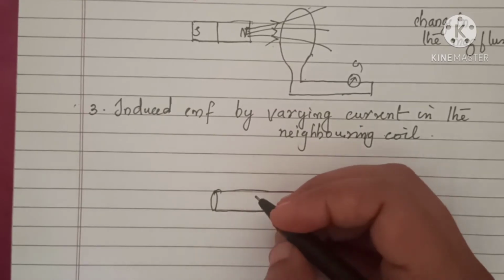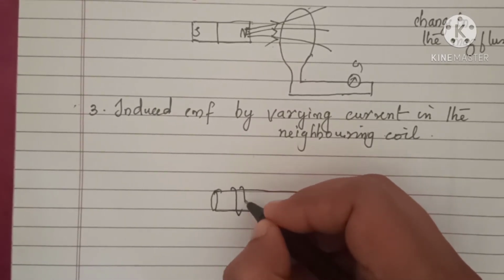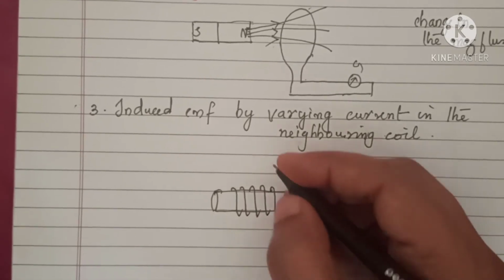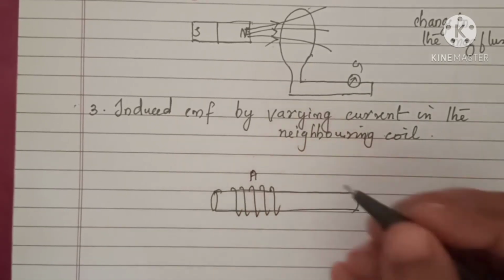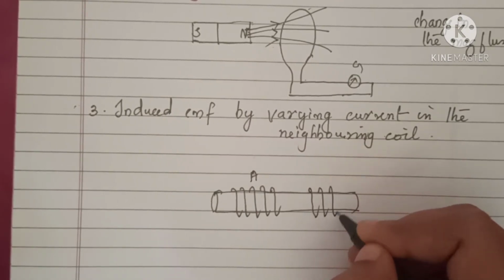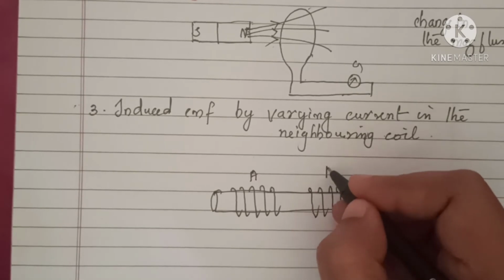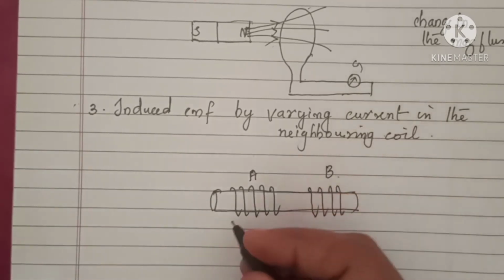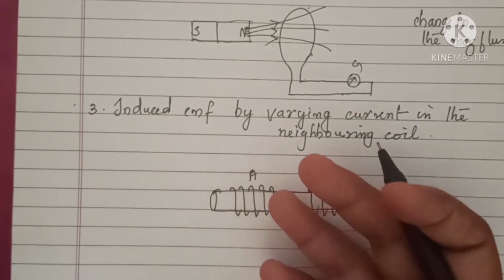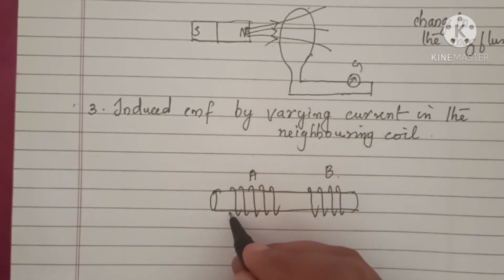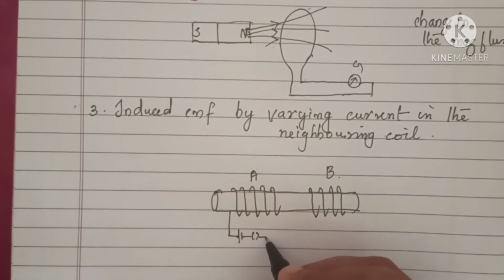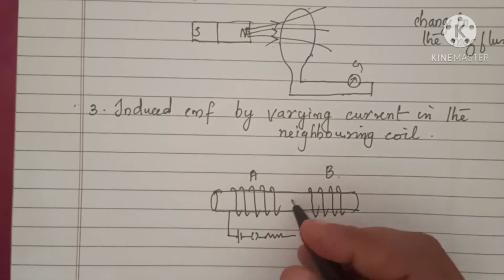Let this be the first coil, you can name it as A. Then the second coil here, you can name it as B. Now this particular coil A can be called the primary coil, and it is connected to a battery, a key and a rheostat.